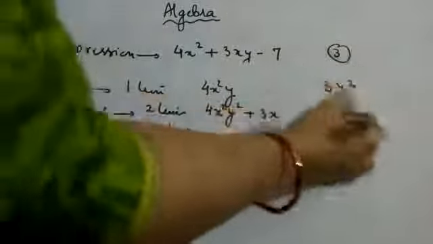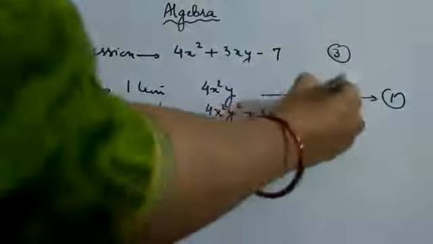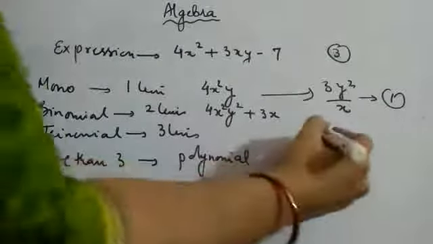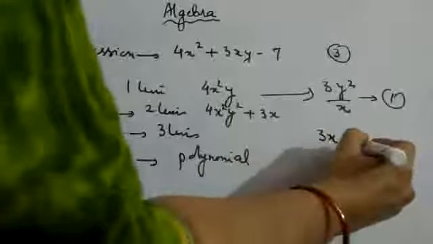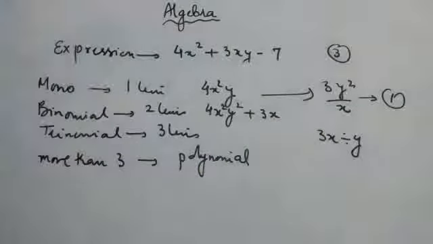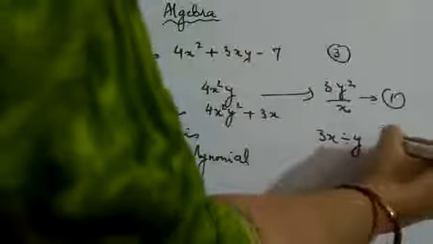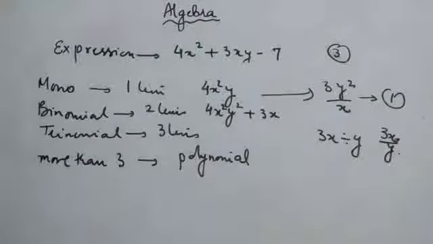So this is only multiply and divide here, so this is only one term, hence it is a monomial. One more example: 3x minus y divided by y. You can write this as 3x upon y. It is also a monomial because it is not differentiated by a plus or a minus sign.